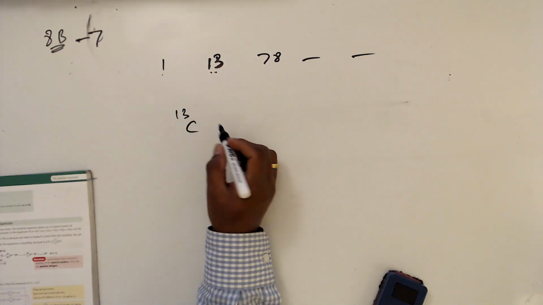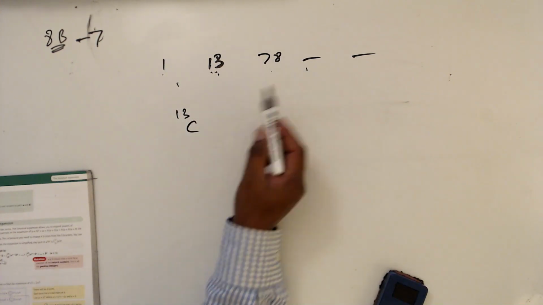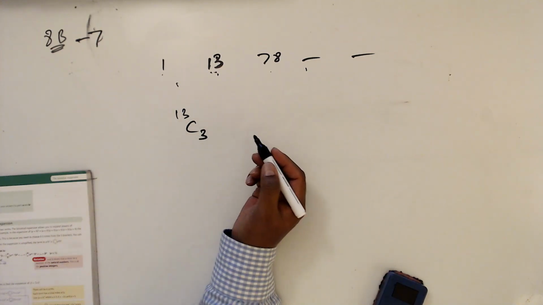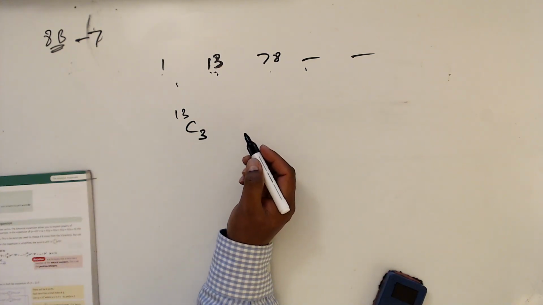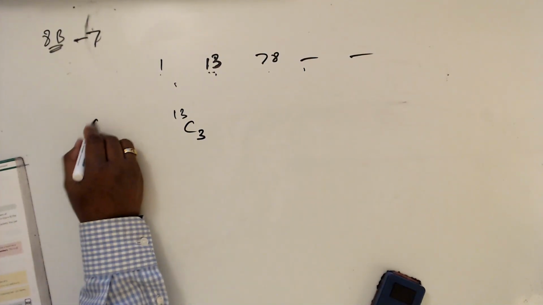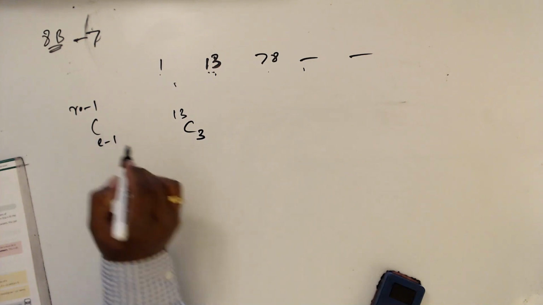14th row, which is 13C, and the 1, 2, 3, 4th entry. 4th entry means 4 minus 1, 3. The relationship is C of row minus 1 and entry minus 1.